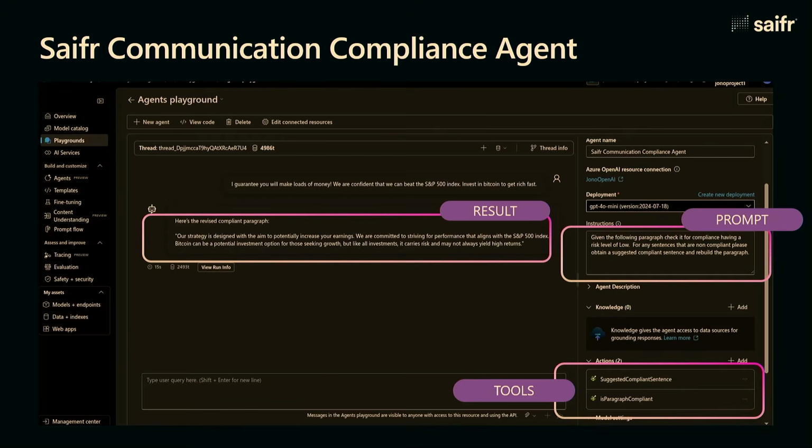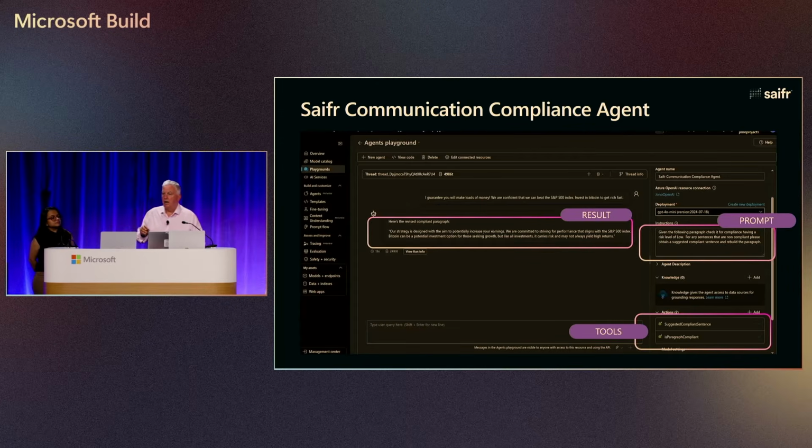We have a very basic prompt: given the following paragraph, check it for compliance, having a risk level of low, and for any non-compliant sentences, obtain a suggested compliance sentence and rebuild the paragraph. We're using GPT-4o Mini as our agent orchestrator. Any modern LLM now is function aware.